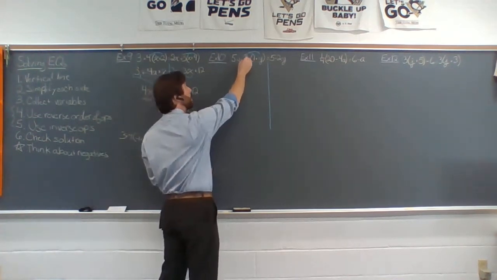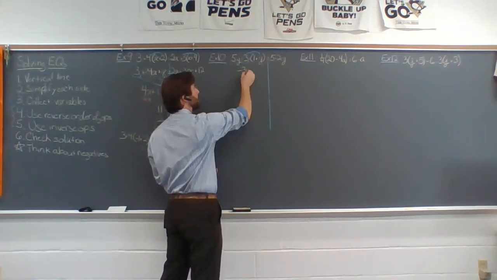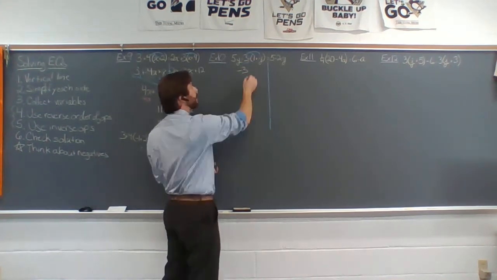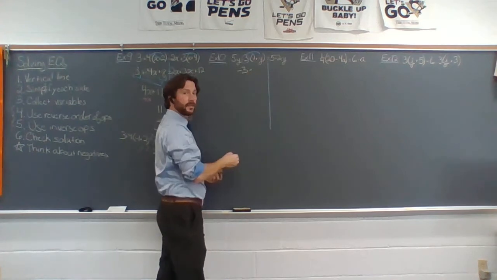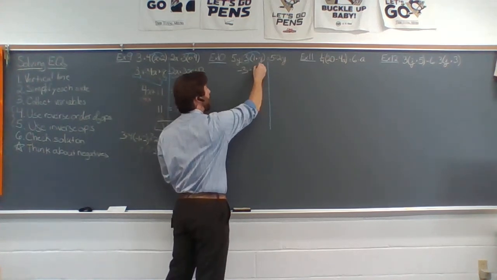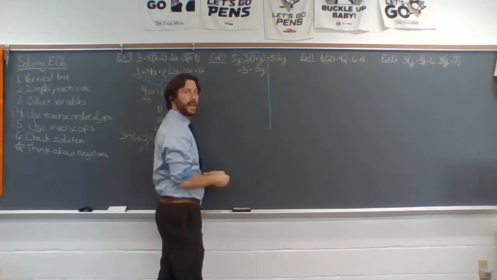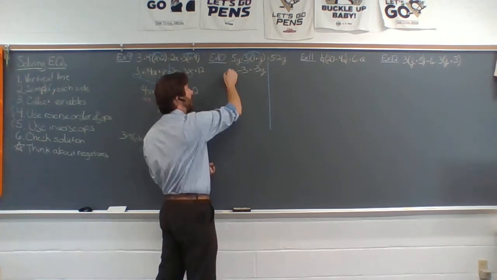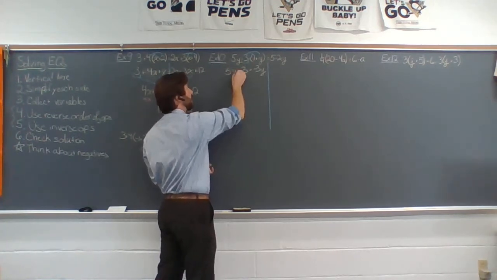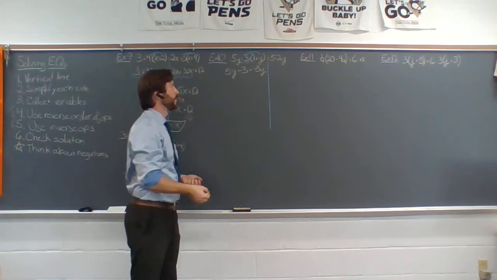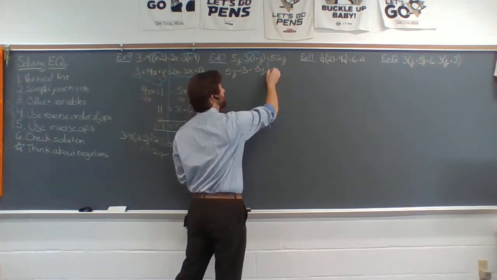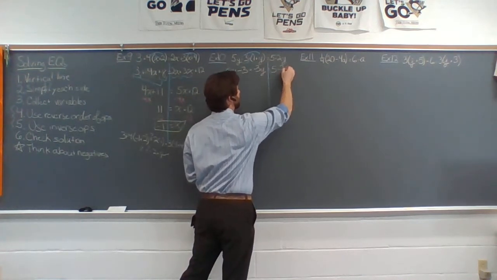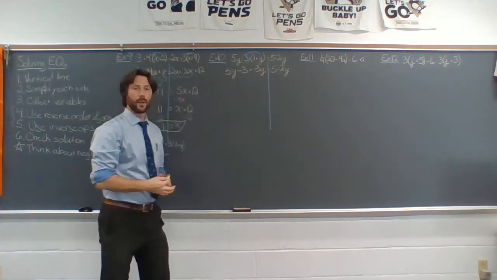So if I do negative 3 times 1, that's negative 3. Bring down that plus sign. Negative 3 times y is negative 3y. I haven't touched that 5y, so I'll bring it right on down. And I haven't touched this right side, so I might as well bring that down as well.